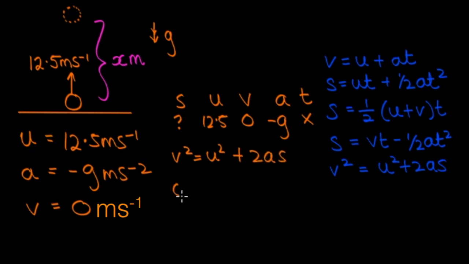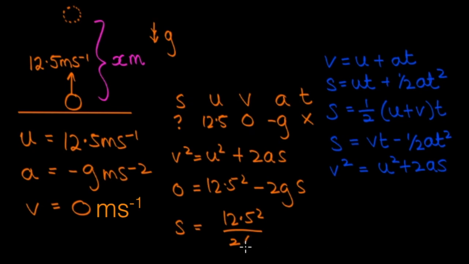So v is 0, so 0 is equal to 12.5 squared minus 2g times s. So if we rearrange this, we get s is equal to 12.5 squared divided by 2g, or 2 times 9.8. And this comes out as 8.0 meters to 2 sig fig.